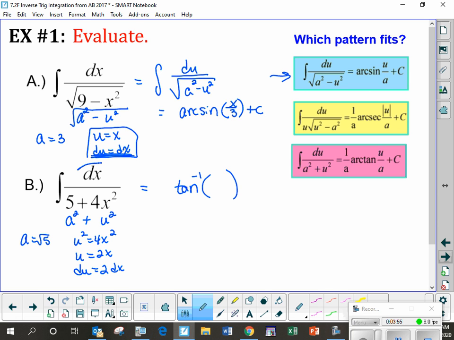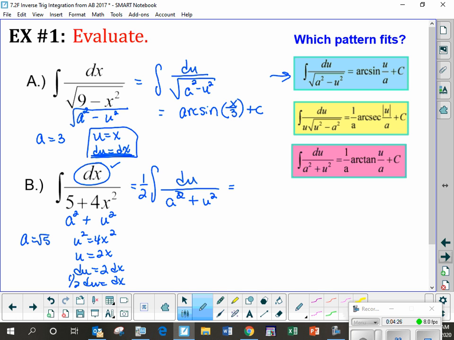Here's what I'm talking about. We have just plain dx, so I need a 1/2 du to equal dx. Now, let's set this up by substituting. So I have a 1/2 du checking in for the dx over an a squared plus u squared.